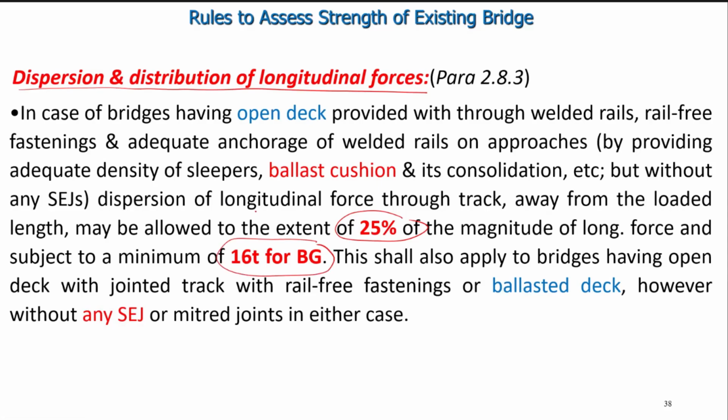It means if our maximum tractive force is coming to 64 ton, then up to 64 ton it will be considered as 16 ton. Beyond 64 ton, that will be taken as 20. Suppose our tractive force is 80 ton, then we will take 20 ton.